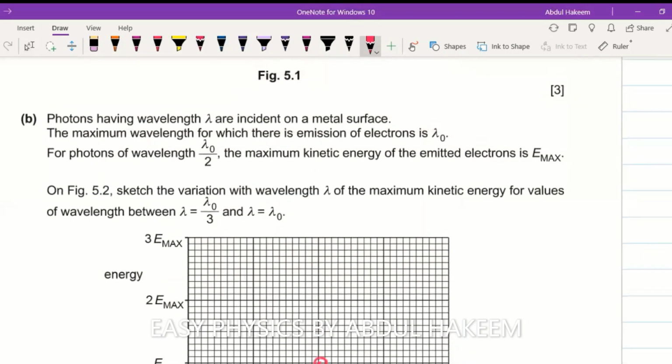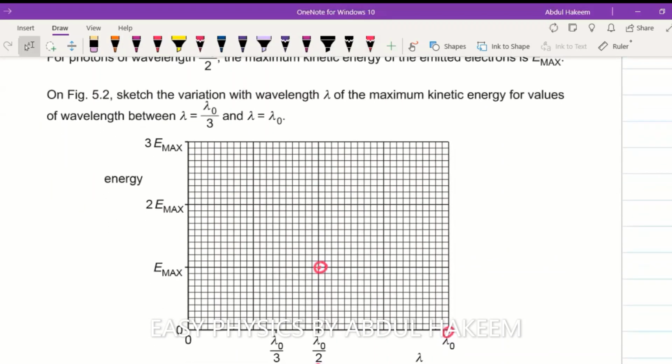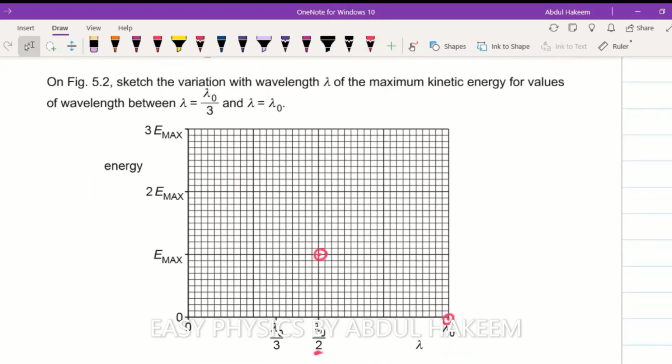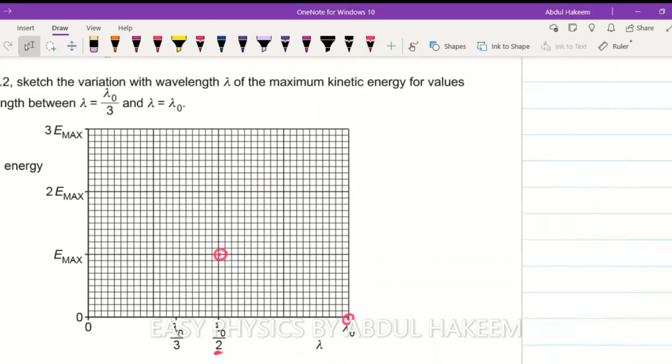Then sketch the variation with wavelength lambda of the maximum kinetic energy for the values lambda by 3 and lambda by 2. Okay, so look, the energy is equal to hc over lambda naught.